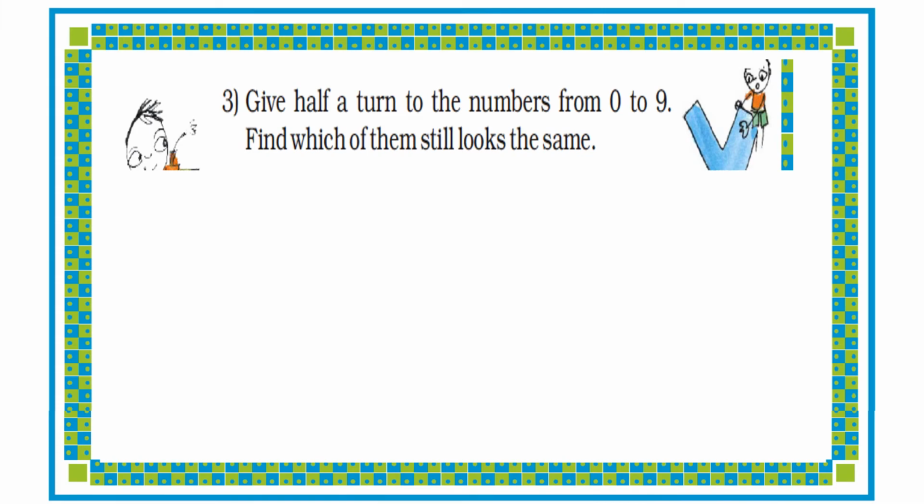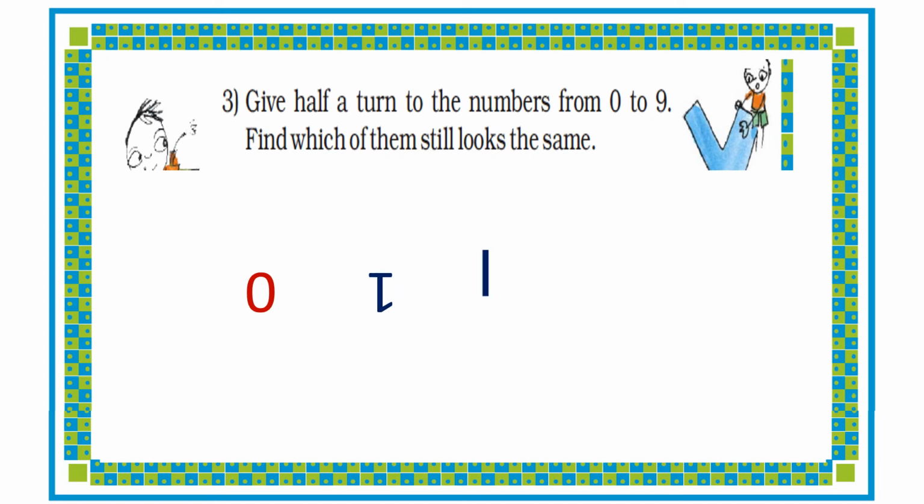Give half a turn to the numbers from 0 to 9. Find which of them still look the same. Let us take 0 and give it half a turn. It still looks like a 0. Next is 1. If you write 1 in this way and give it half a turn, this looks different.